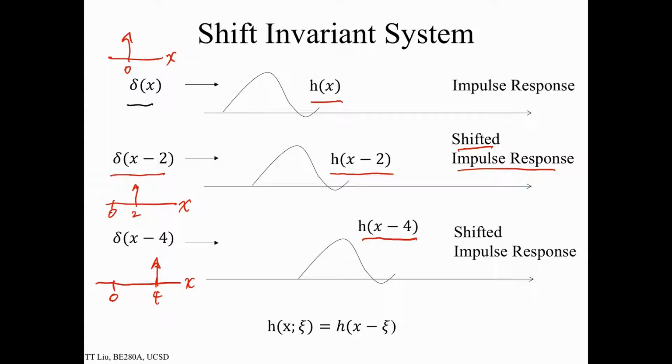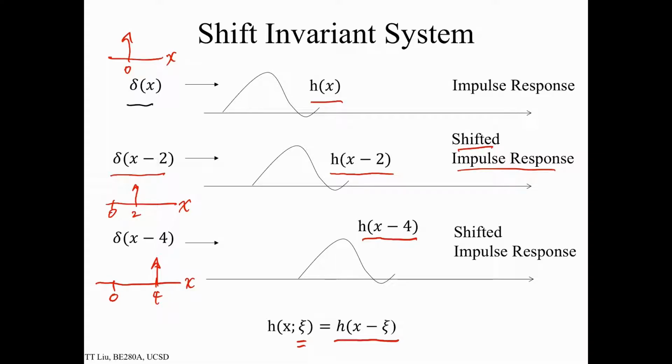So in general, for a shift invariant system, recall that previously we talked about impulse responses having a dependence on xi, and in this case we're saying that h of x; xi just must be a shifted version of some original impulse response, h of x. And so if this holds, we can say that the system is shift invariant.